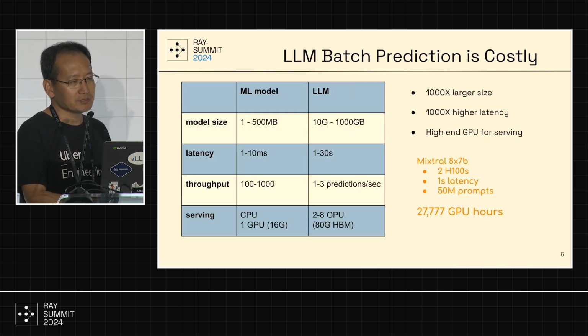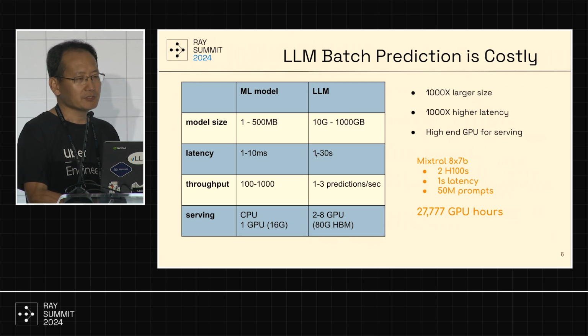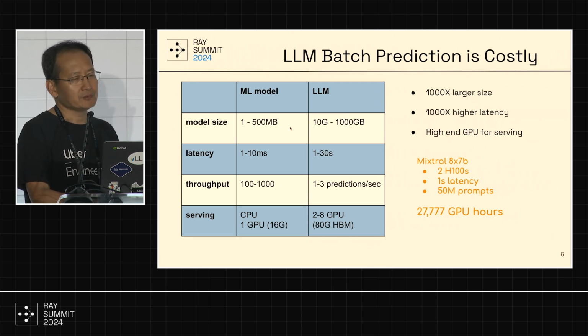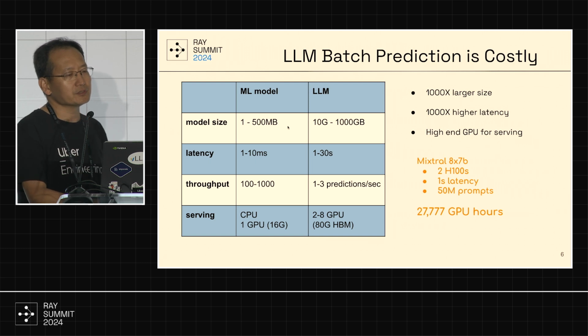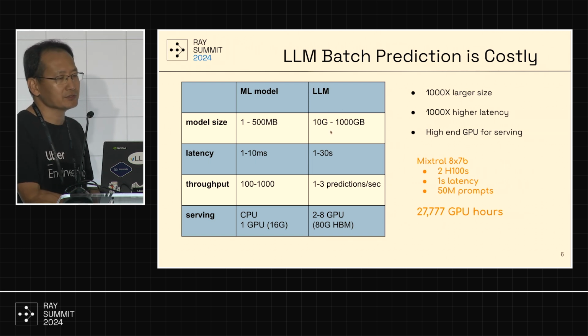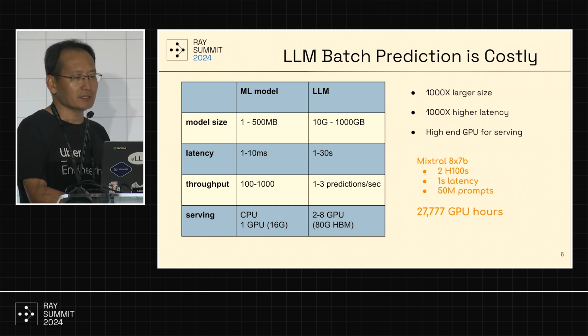To give some comparison, batch prediction with LLMs is quite different from traditional machine learning. Model size is much larger. Our traditional machine learning models are typically a couple of megabytes, but large language models go from 10 GB to 1,000 GB. For example, Llama 3.1 405B is 405 GB, and even using FP8, you get 800 GB.